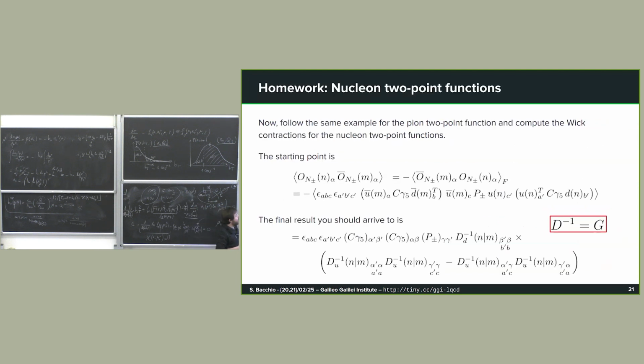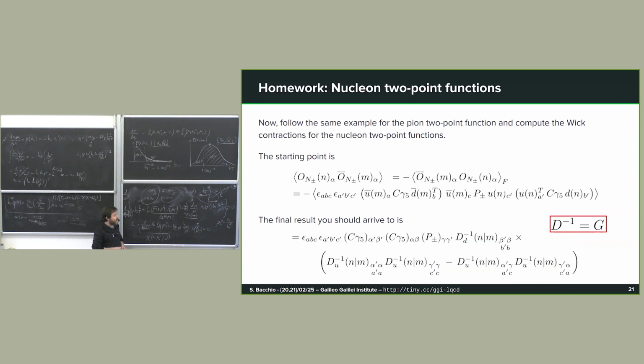Okay. Before moving to how we compute actual quark propagators, here is a homework if you want to try it. It's a good pedagogical exercise to do now: the same thing for the interpolating field of the nucleon. So you take the N bar N interpolating field and you arrive down, and you should get this result.